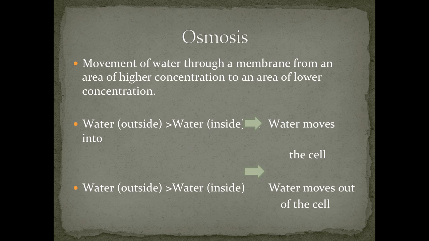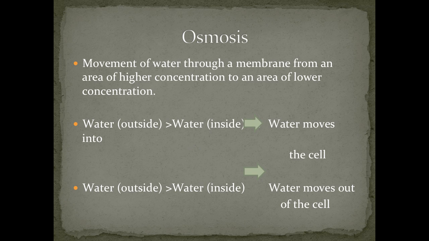If the water is greater outside of the cell than the water inside the cell, then the water moves into the cell. And there's a typo on my second bullet point, but it should say less than the water inside the cell, then the water moves out of the cell.